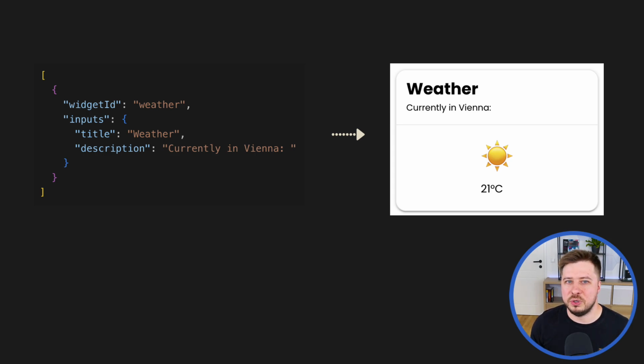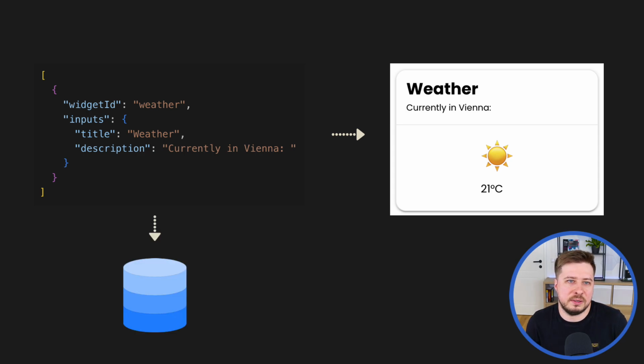For example, you want to offer users an option to configure which widgets to display on the dashboard, predefine widget title and description inputs, and then save this configuration as a JSON file somewhere in the database or browser storage, and then restore widgets according to the saved config.